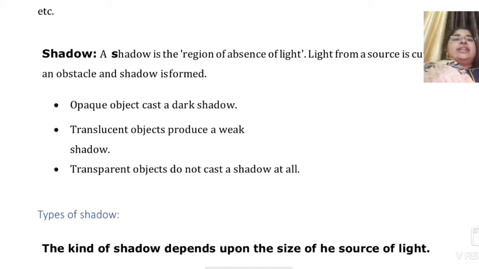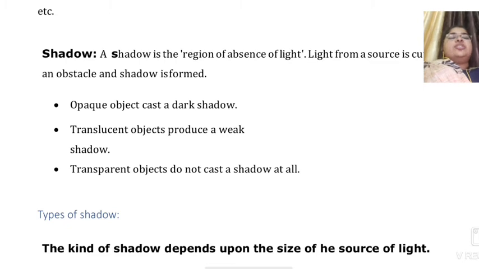Next is the translucent object. A translucent object produces a weak shadow because we see only some light. It means a small portion of an object can be seen from one side to the other through a translucent object.